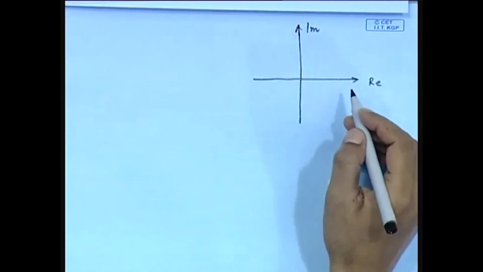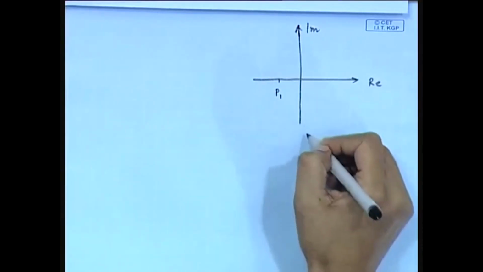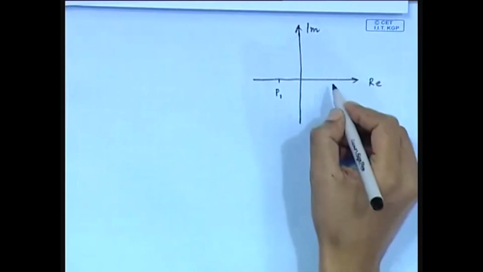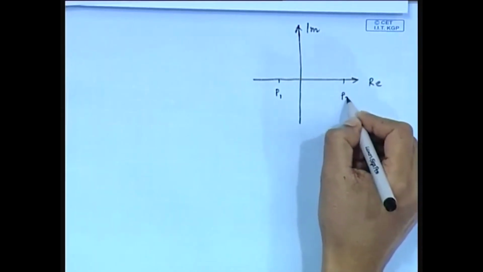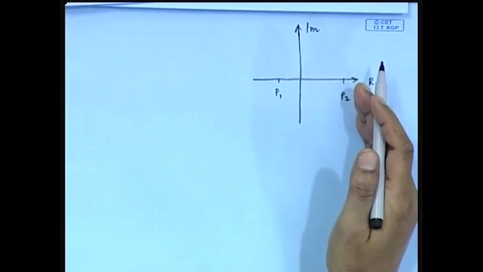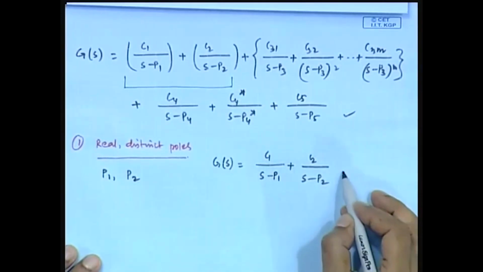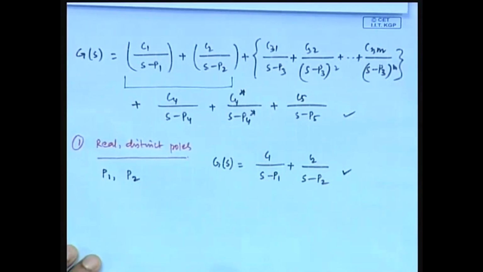One pole we will consider on the left hand side of the imaginary axis, and another pole on the right hand side. One pole P1 is to the left of the imaginary axis and another pole P2 is to the right, and the transfer function is represented by this equation, G(s) = C1/(s - P1) + C2/(s - P2).